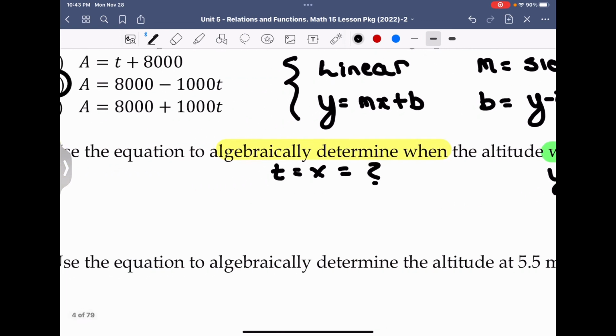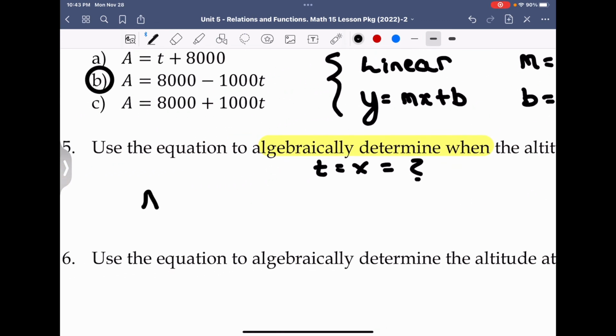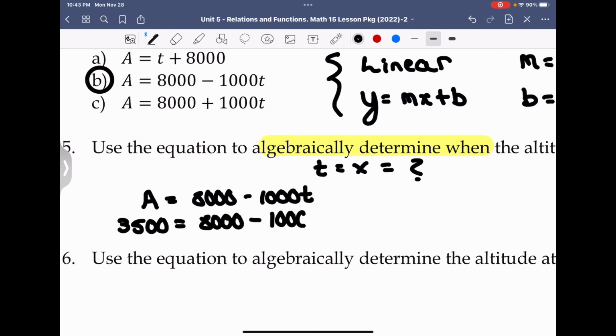So we're going to take our original equation: altitude is equal to 8,000 minus 1,000t. We want to isolate for t, and we know that the altitude is 3,500. When we solve for t here, we're going to start by subtracting 8,000 away. So I get minus 8,000, minus 8,000.